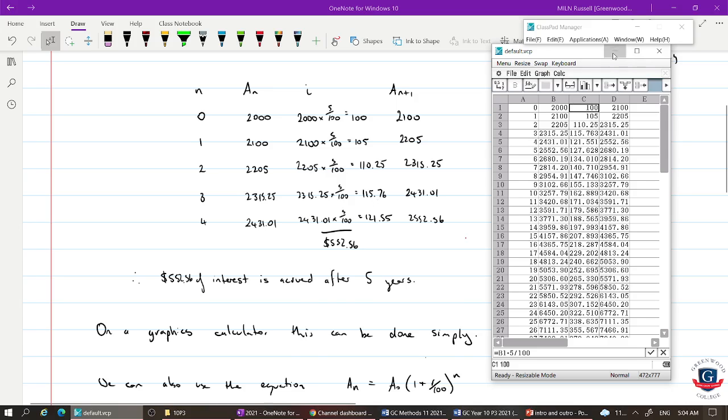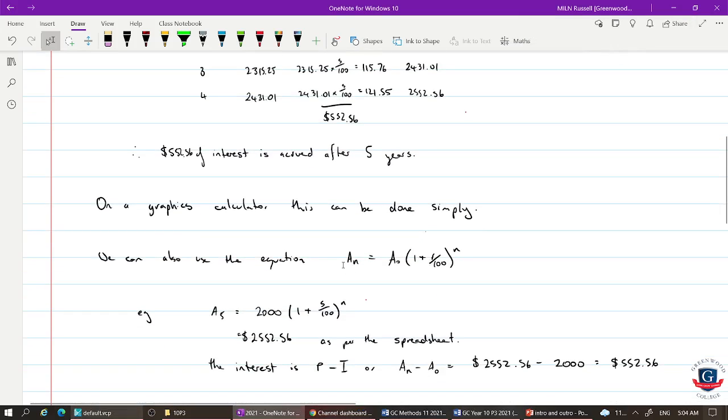We can also use this equation here. A_N equals A_0 times (1 plus R over 100) all to the power N, which is the compound interest formula. A_0 is our initial amount. R divided by 100 is our interest rate. And N here is the number of periods.